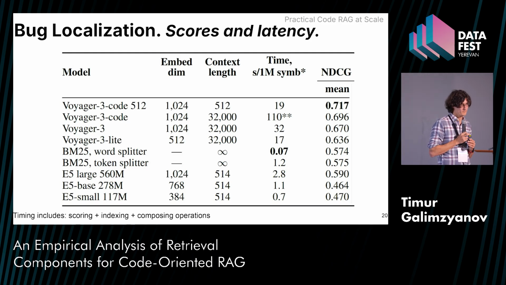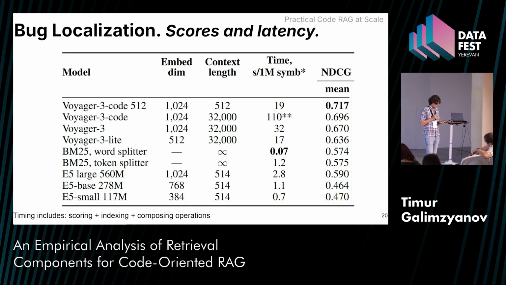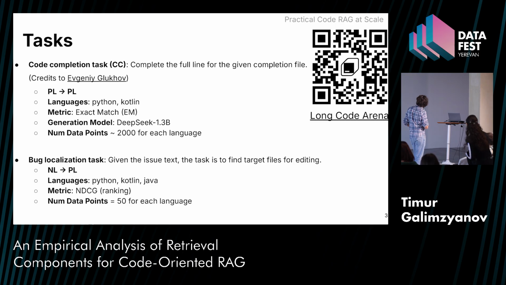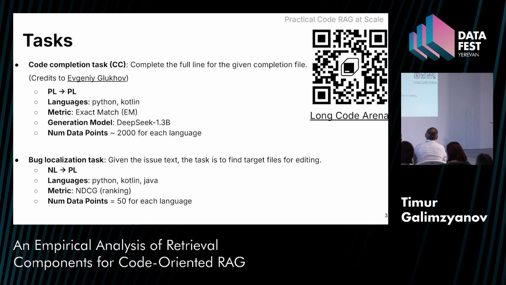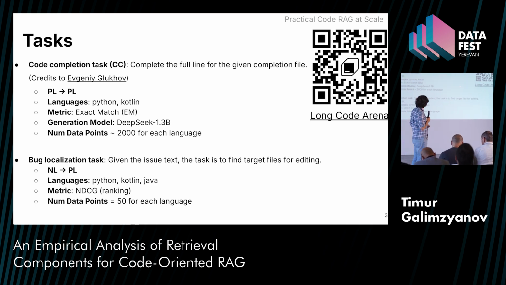Can you tell us a bit about your dataset? Did you collect your dataset, and if yes, how did you do that? Our dataset is published in the Long Code Arena paper, this one. The dataset is the Long Code Arena dataset, which is published on Hugging Face.